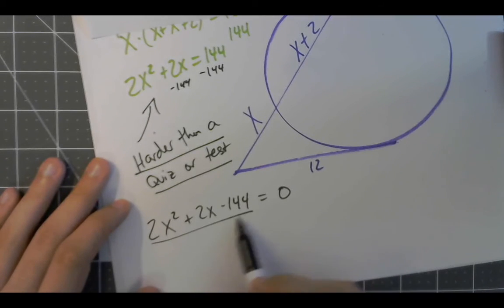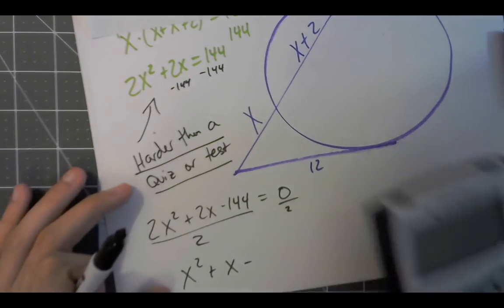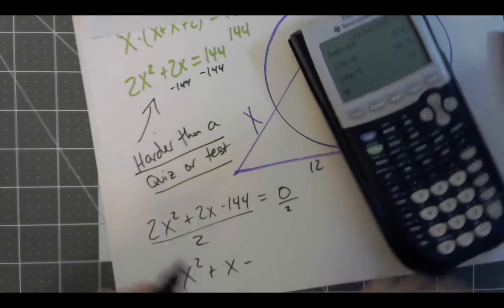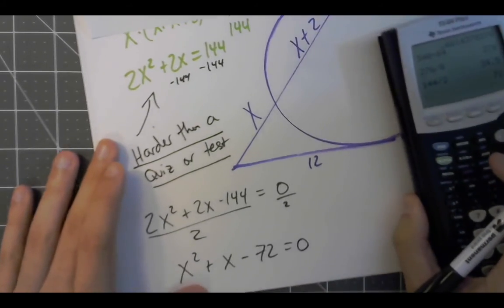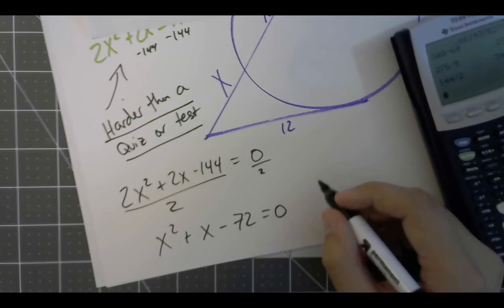So we could do something like divide by 2. Divide by 2. That doesn't affect that side. X squared plus x minus 144 cut in half is going to be negative 72 equals 0.